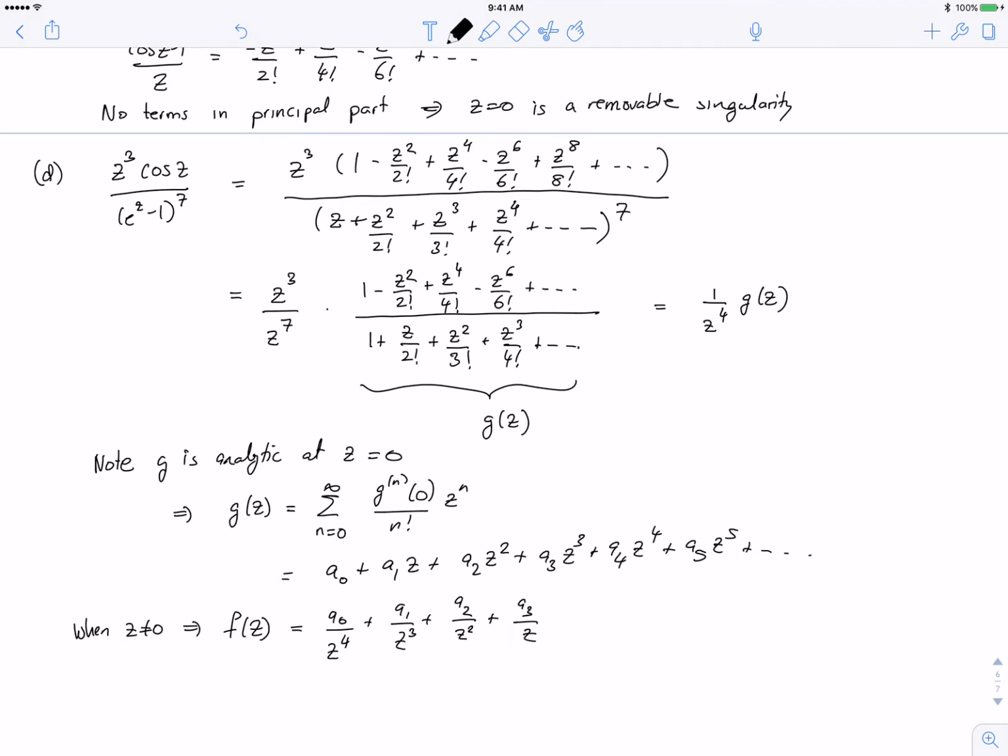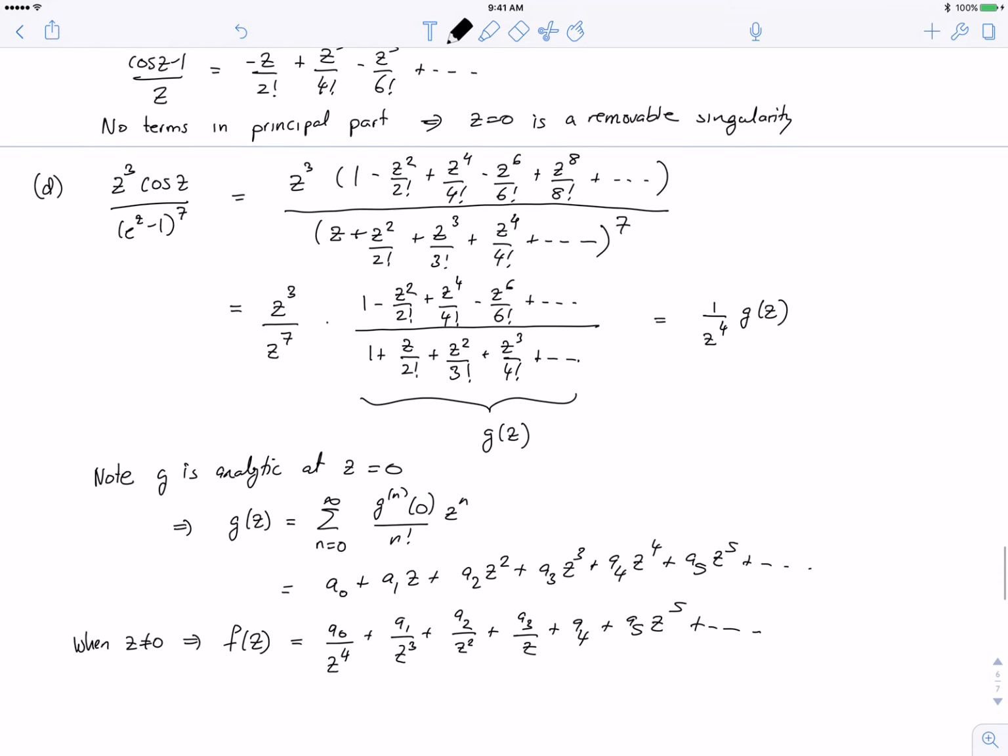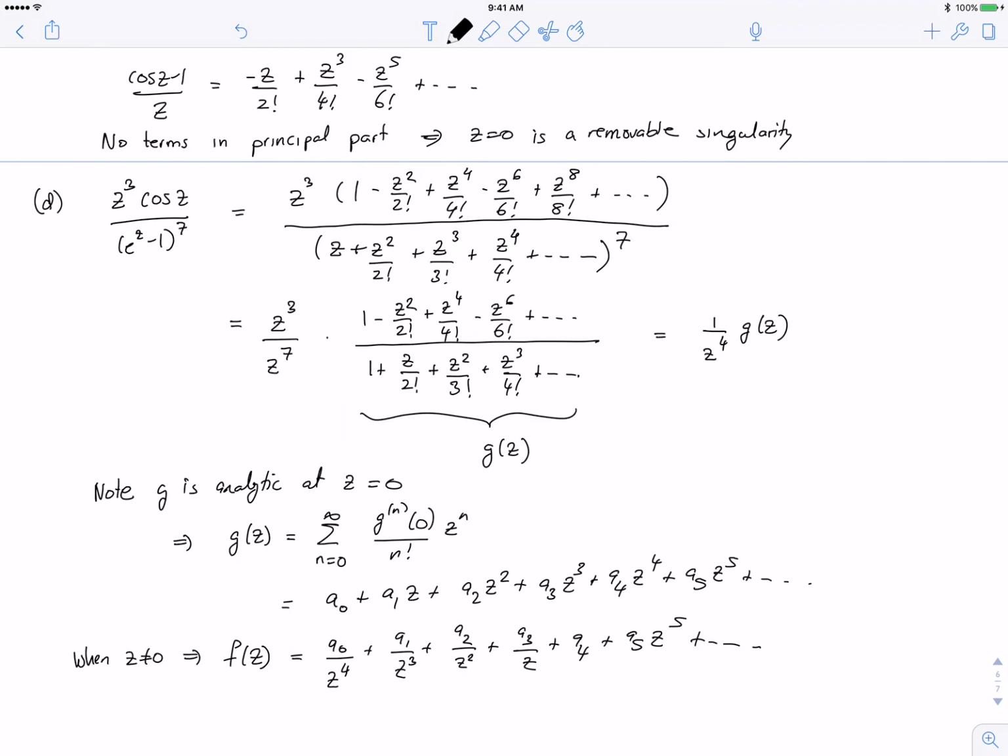So this is going to become plus a4 plus a5 z to the 5, going on forever. So this is the Laurent series for the function f. I guess that was pretty bad of me. I should have labeled this and called this f of z. Anyway, this is the Laurent series for f of z at z equals 0.